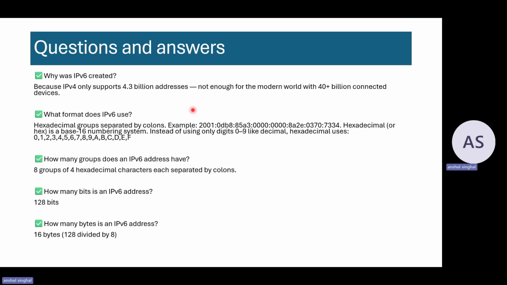But in a sense, if somebody asks why IPv6 was created, it's just that IPv4 is a 32-bit address, and corresponding to 32 bits, we can have a maximum of 2 to the power 32 IPv4 addresses, which is not sufficient for devices if we have more than 40 plus billion devices connected to the internet.